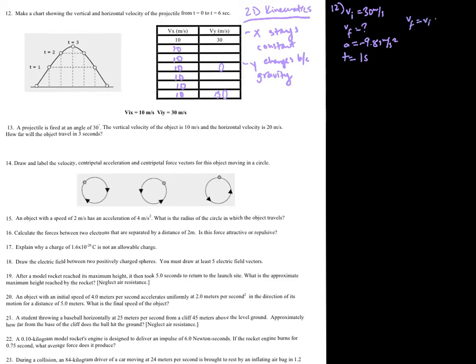Vf equals Vi plus at. Vf equals 30 plus negative 9.81 times 1. So Vf here is approximately equal to 20 meters per second. And it's the same thing over at t equals 5. Now, if we follow the trends, let's just safely assume this is going to be 10. You can also do the calculations following the sample I did, just to verify that it is actually these values.